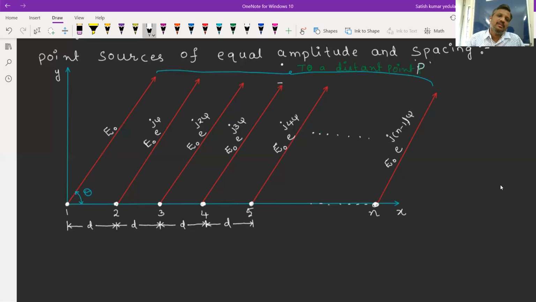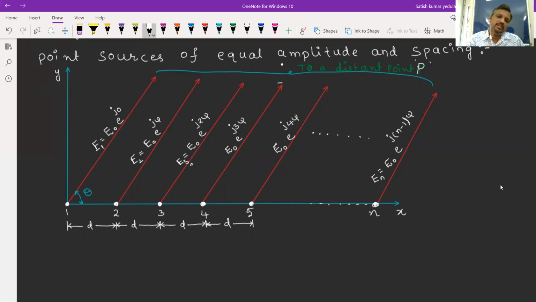The field expressions: this is E1, which is equal to E naught. Of course, we can also call this e power j0. This is E2, because it is for the second antenna, and so on. This is En. If you observe this carefully, for E1 it is e power j0, that is 1 minus 1, less than 1. E2 is e power j1 psi, and E3 is e power j2 psi.